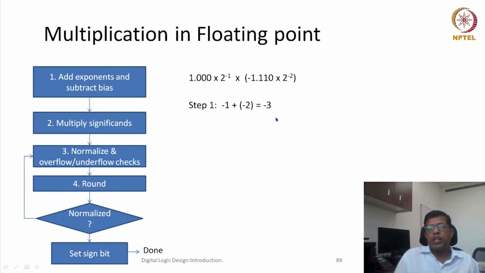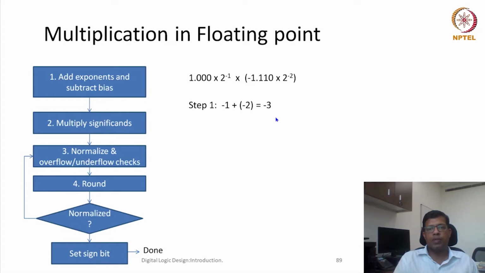Now again remember that in the standard IEEE 754 single precision or double precision representation, exponents are represented using biased numbers. So if we are using biased numbers, we need not subtract the bias in all the cases. What we can do is simply add those two numbers and subtract the bias.